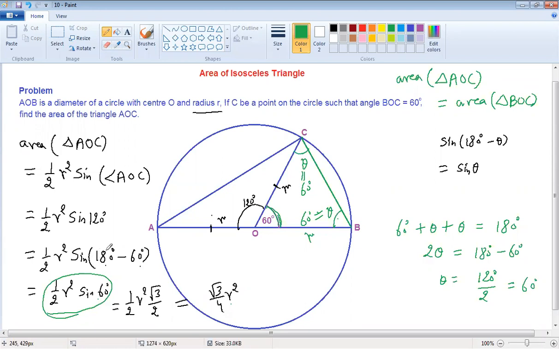The reason is that sine of 120 degrees, by virtue of this formula, is equal to sine of 60 degrees. They are the same. So because of that, the area of triangle AOC is the same as the area of triangle BOC. And we find that BOC is in particular an equilateral triangle whose area, by the basic formula of 10th class, can also be written as root 3 by 4 times the side square, and each side is equal to the radius. Okay, got it? Got my point?